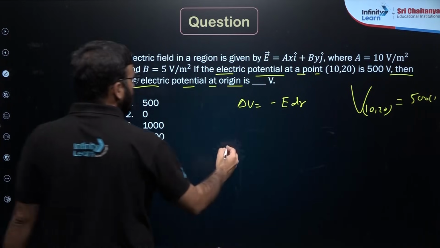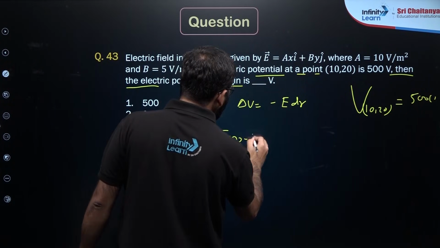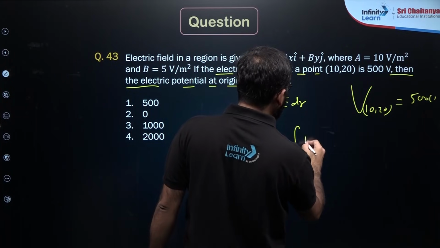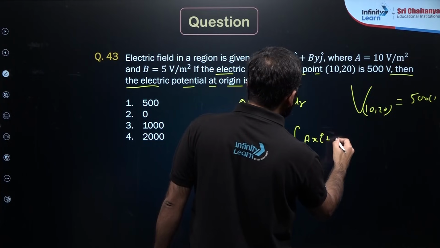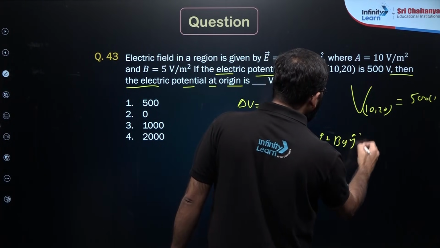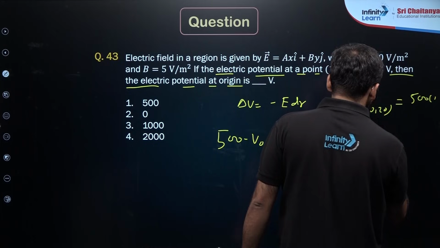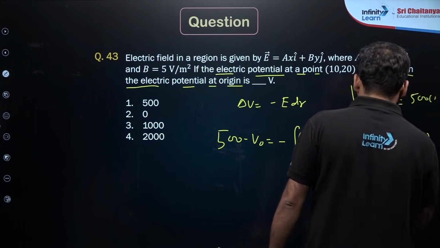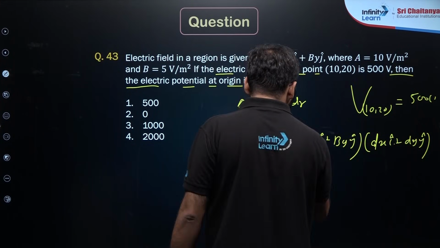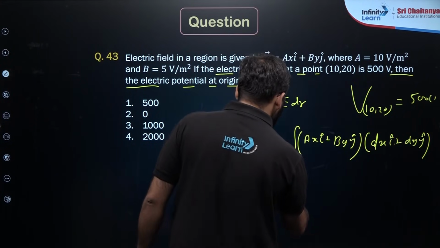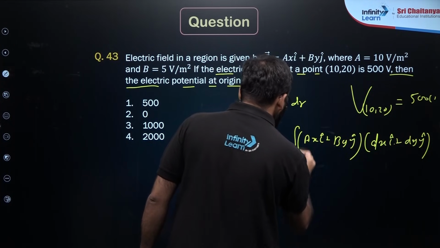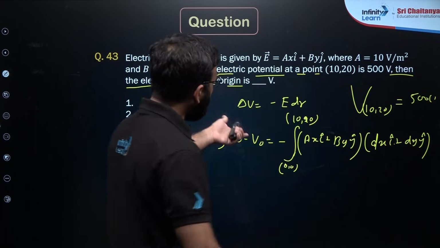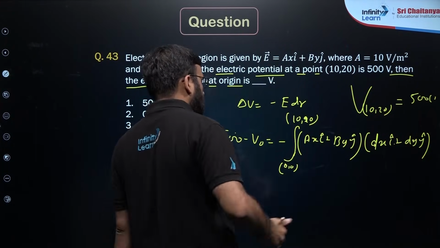So delta V is 500 minus V naught equals minus E dot dr. E is A x i-cap plus B y j-cap, multiplied by dx i-cap plus dy j-cap. So you can do this integration from the origin to (20, 10). Integrate and then put the value, you will get the same every time.